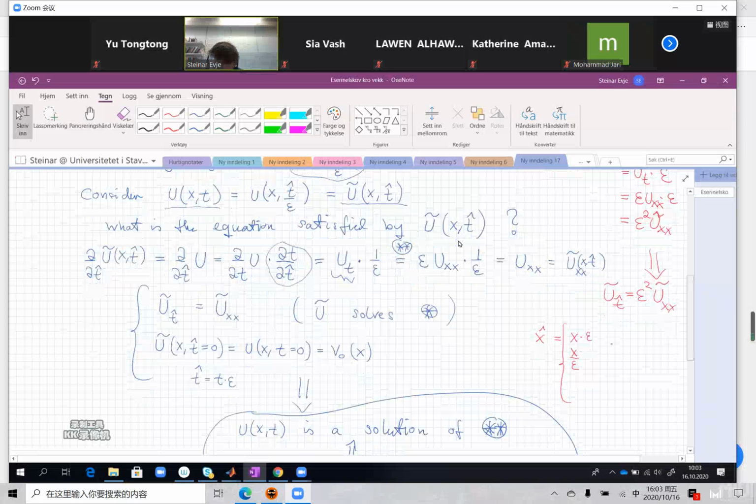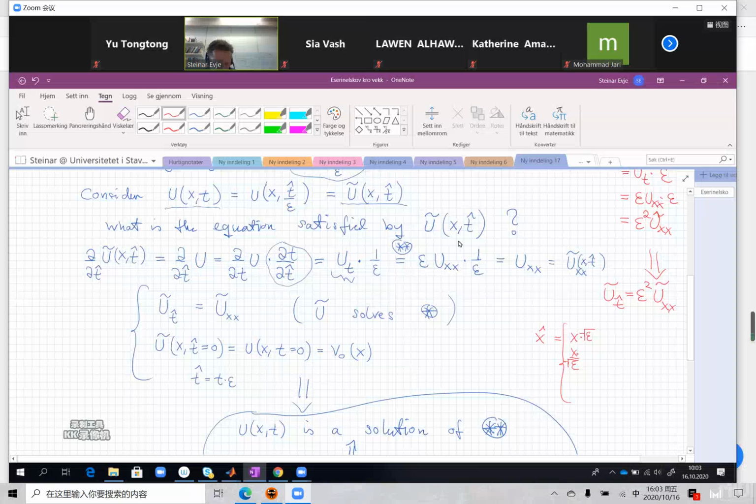Okay, I'm not sure until I do the calculations, but one thing is sure: we should not use epsilon. We should use the square root, because we have to take the derivatives two times, and every time they will produce root of epsilon.